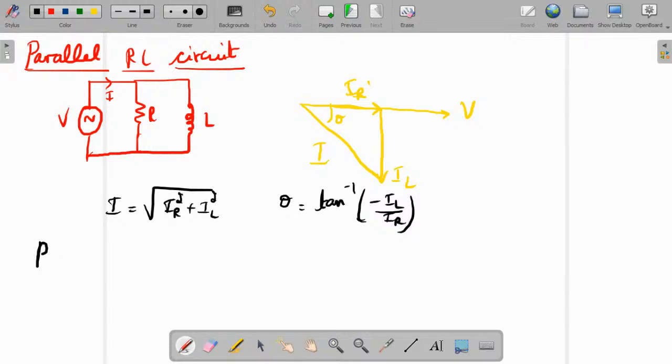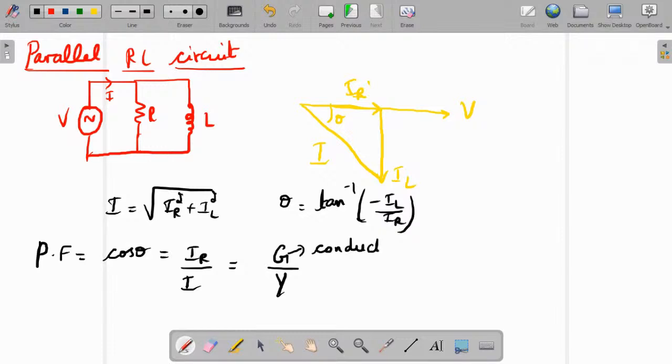And the power factor, it is the same, cos theta, which is given by IR by I. Impedance or power factor. Here we will be having conductance and admittance. If we look at it that way, it will be G by Y, where G is conductance.